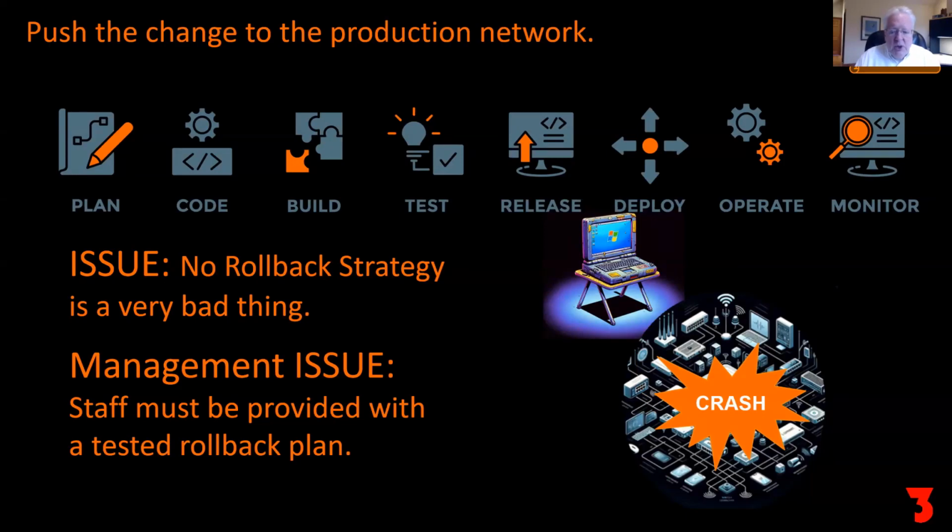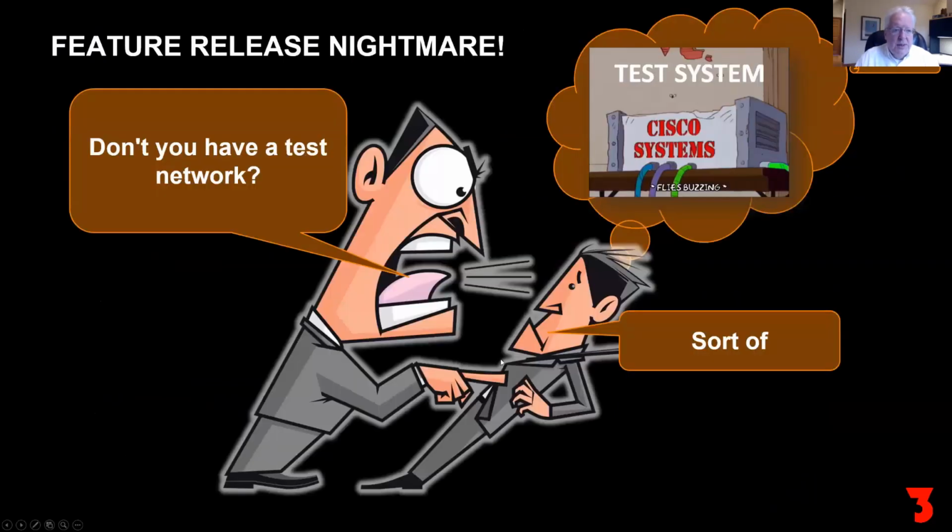All right, so let's say we do pull it off and maybe we successfully roll back. Whatever the case, we are in the deploy phase at this point. Too often, it's the boss saying, "Didn't you test this?" Well, one of the battle cries is, yeah, we do have a test network. It's called production, right? That's a problem.